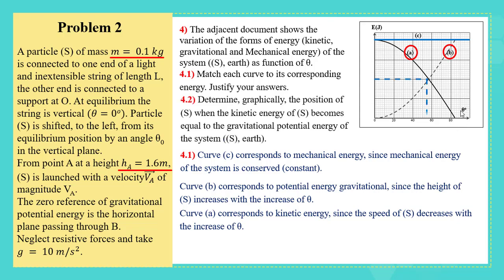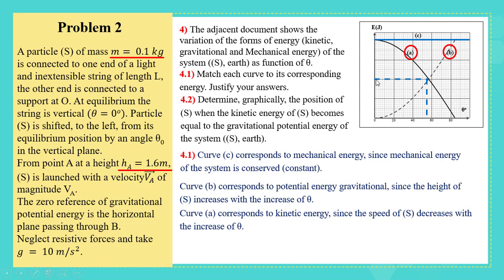Determine graphically the position of S when the kinetic energy of S becomes equal to the gravitational potential energy. We should determine it even if we have found it before, but this question asks us to determine it graphically. So we go back to the graph and try to find the midpoint of the mechanical energy where the kinetic equals the potential.